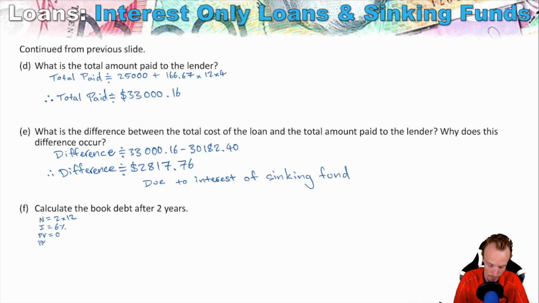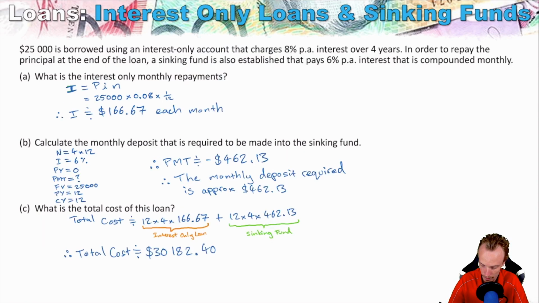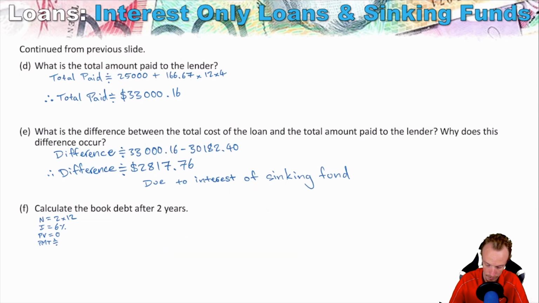The PMT was approximately, and it's going to be negative because I'm putting it into the bank, negative 462.13. The negative doesn't look very negative, but it's there. The future value is what we're calculating. P/Y and C/Y are both 12 in this particular case.